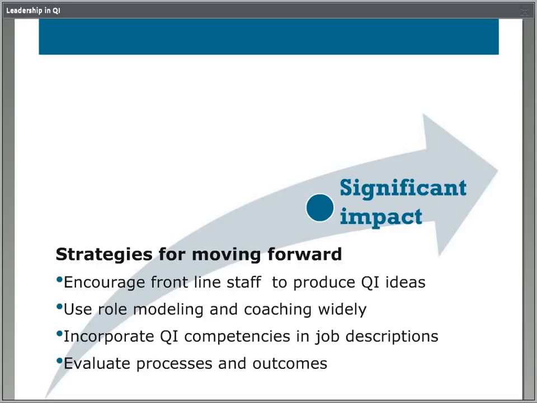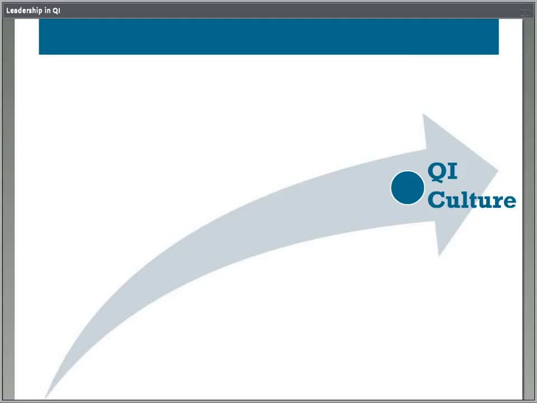So a QI culture, this is our North Star. This is what we're trying to get to. And we see that quality improvement here is fully embedded into the way the agency does its business across all levels, all departments, all programs. Leadership and staff are fully, totally committed to quality, and the results of the efforts are communicated internally and externally.